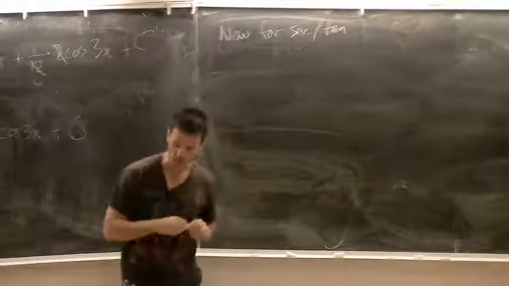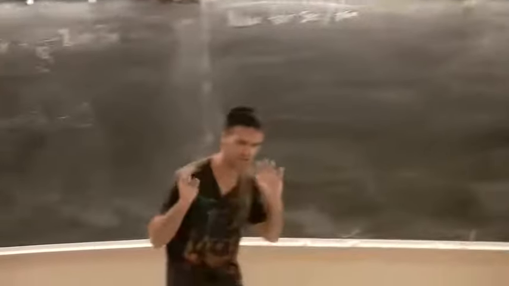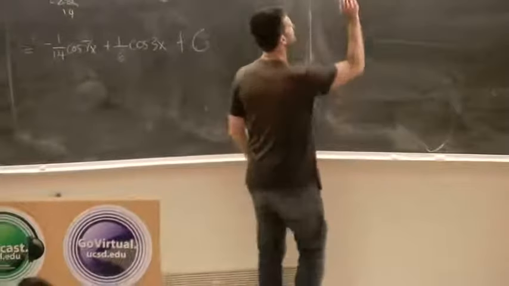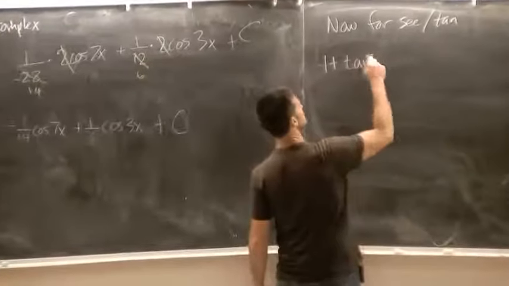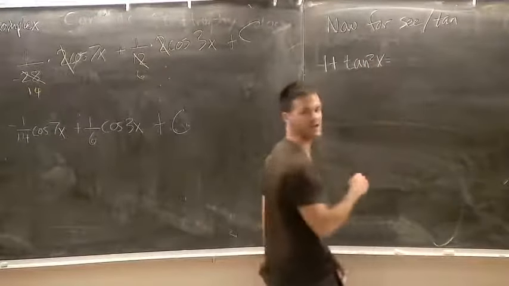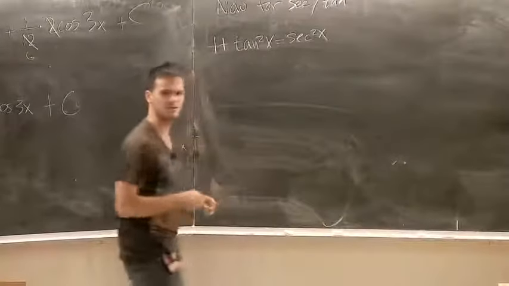So the key, I guess I erased it, but when I was doing all these sine and cosine problems, I wrote the Pythagorean identities in the corner because you just keep on using those. Similarly, we will repeatedly use this formula, 1 plus tan squared equals secant squared. You guys never heard that? Yeah.